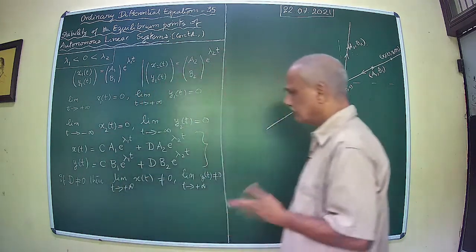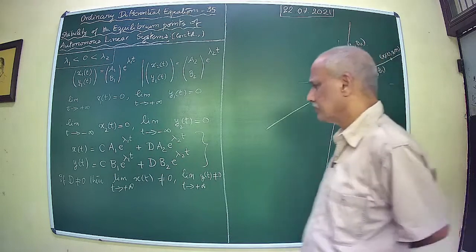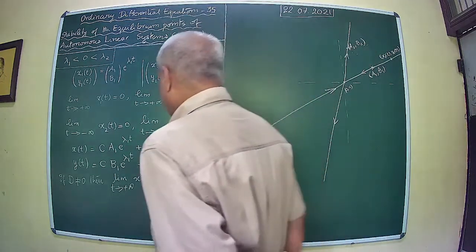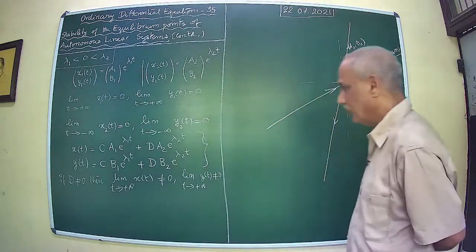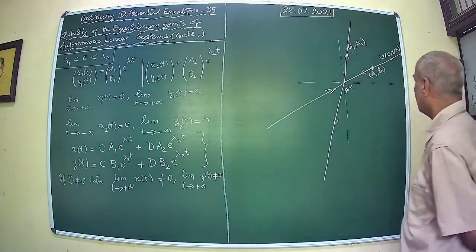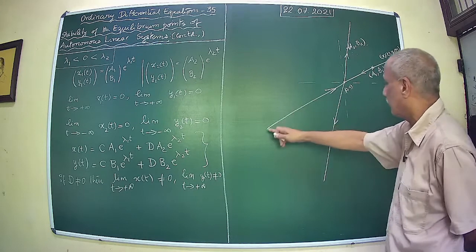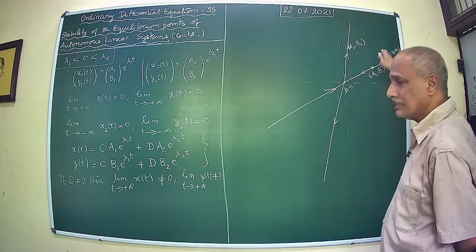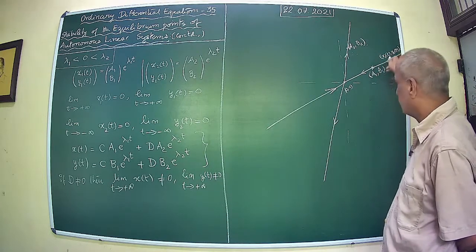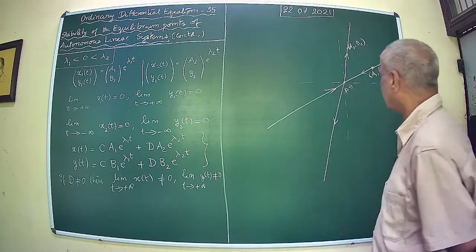If d is not equal to 0, it in fact goes to infinity. So when d equals 0, it does approach. When d equals 0, you are talking about this particular case. Your x(t), y(t) is essentially x1, y1. So that we have already looked at.